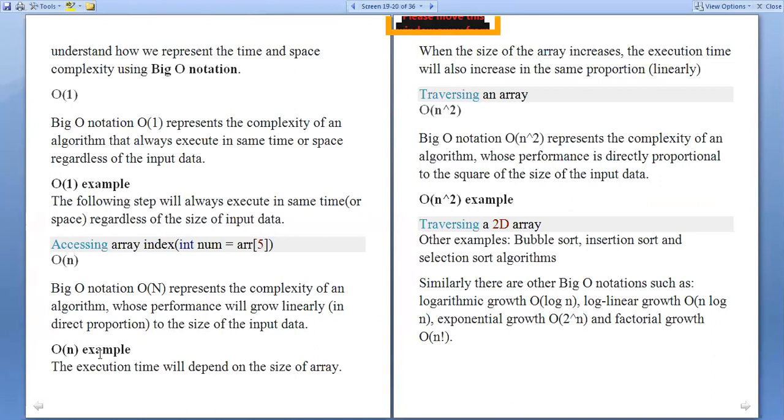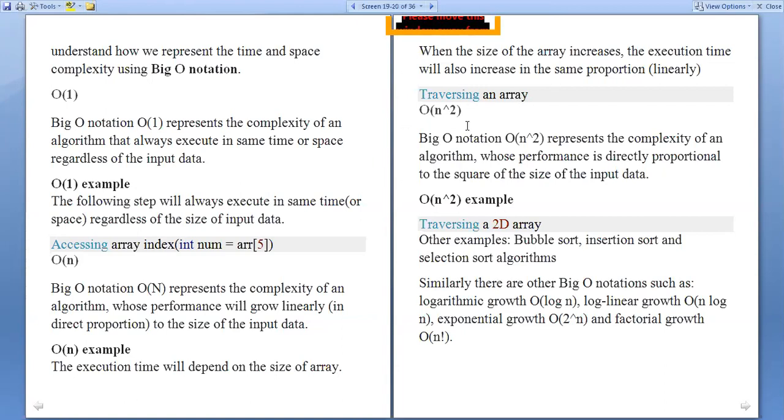Another O of n example: execution time will depend on the size of the array. Suppose the size of the array is increased, the time also increases. When you traverse an array, that means visiting each and every element in the array, if there are n elements, it takes O of n time.